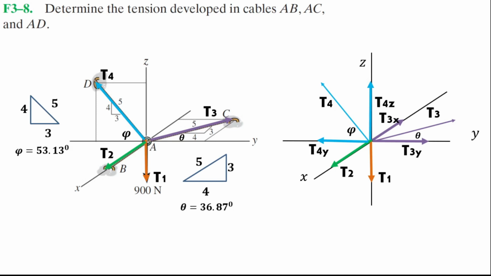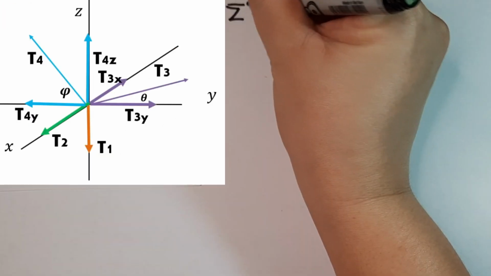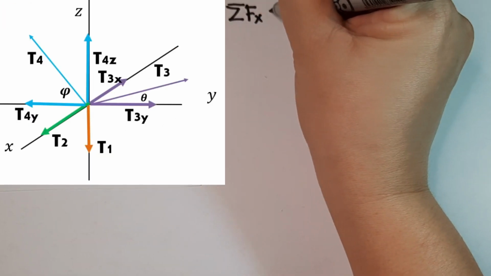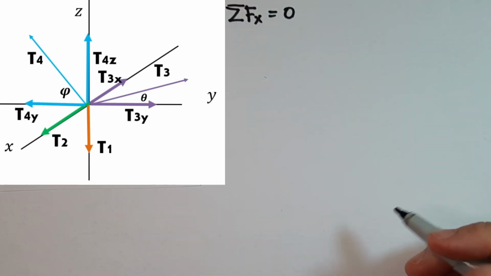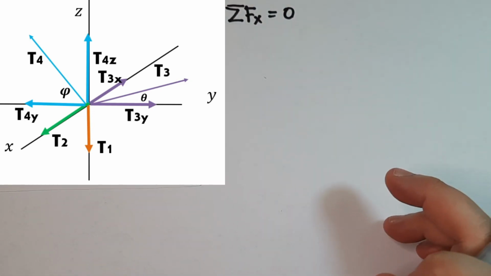So let's try to solve this problem. We have to note this is three-dimensional: forces along X, forces along Y, and forces along Z. Let's start with the forces along X. The summation of forces along X is equal to 0, and let's identify what are the forces along X here.